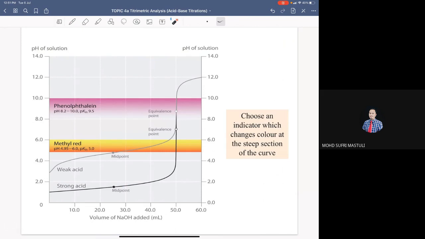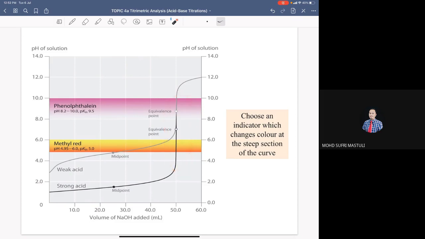When we do the titration, we should choose the indicator whose color changes at the steep section of the curve. So the color change happens in the steep section of the curve.